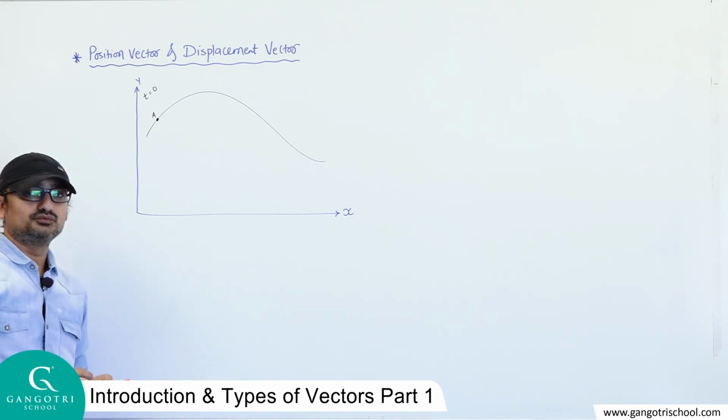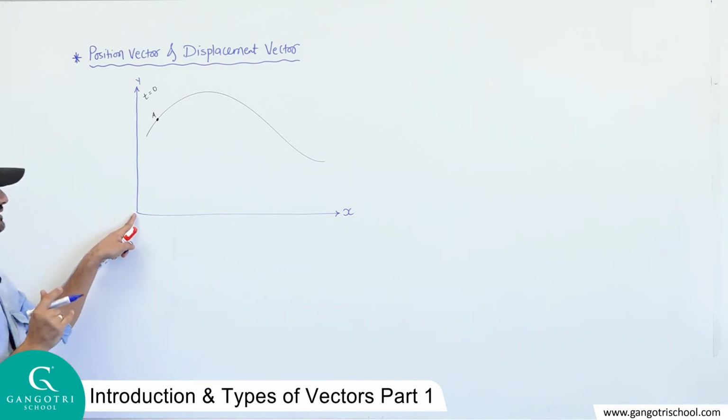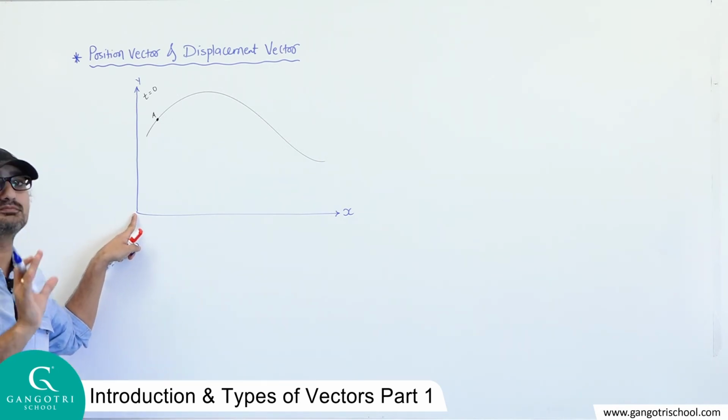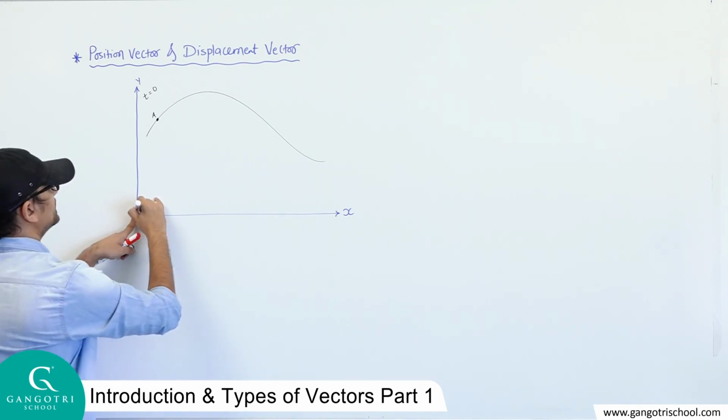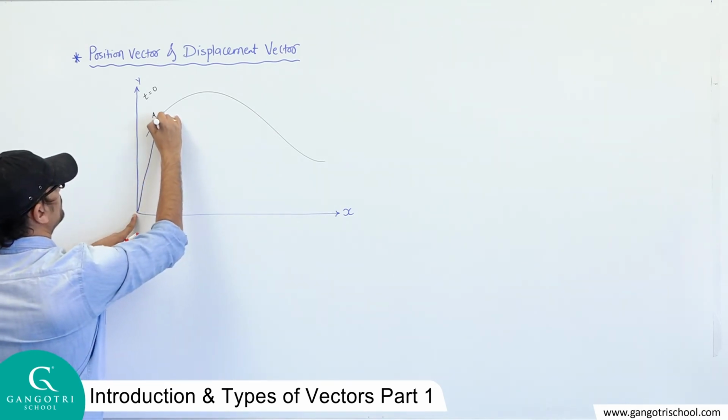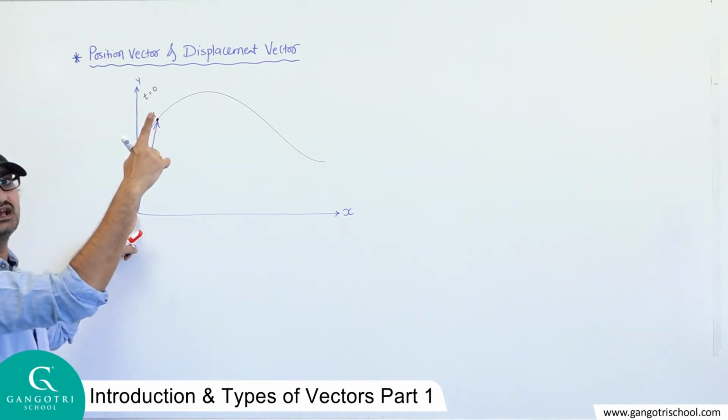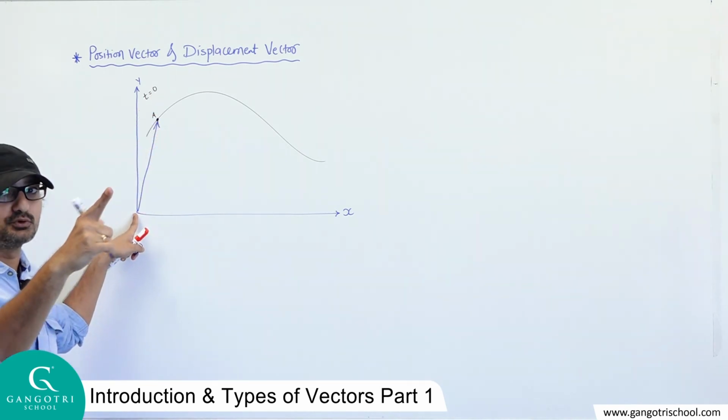With respect to the origin, suppose this is the origin, it's our reference point. Look at this arrow. Actually this arrow represents the position.